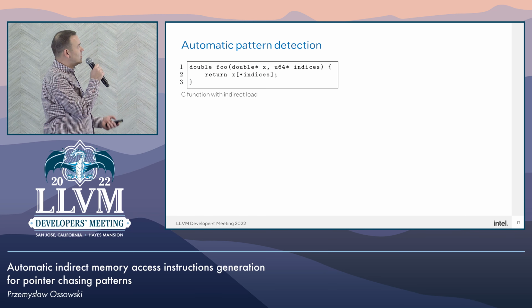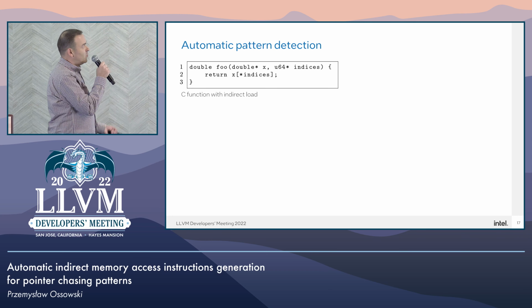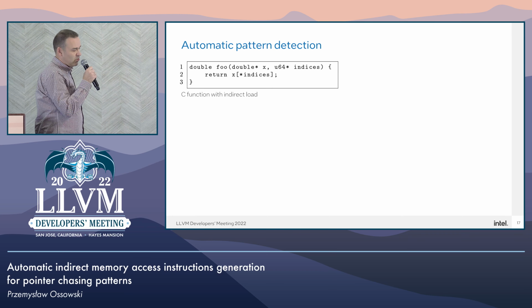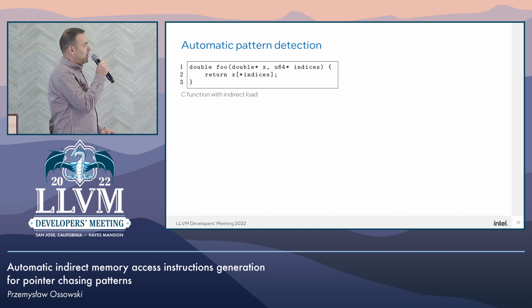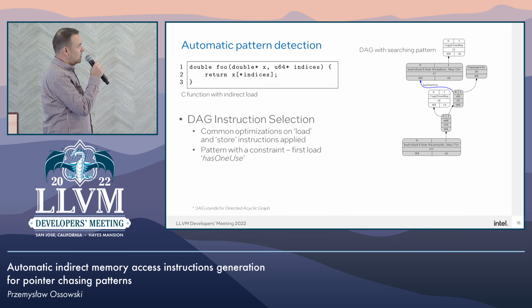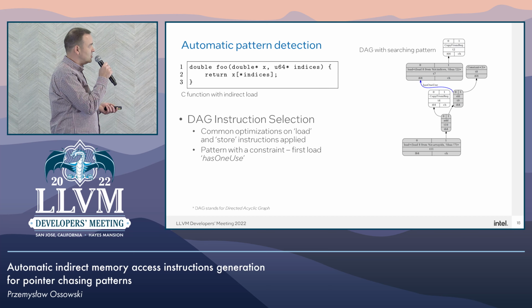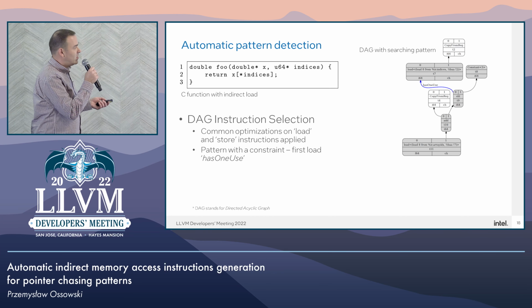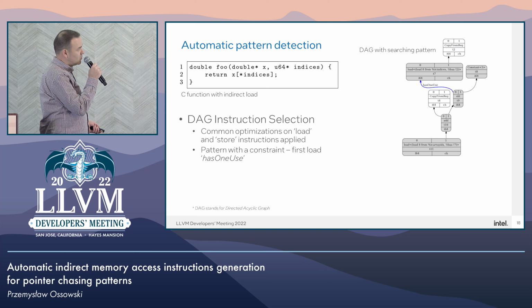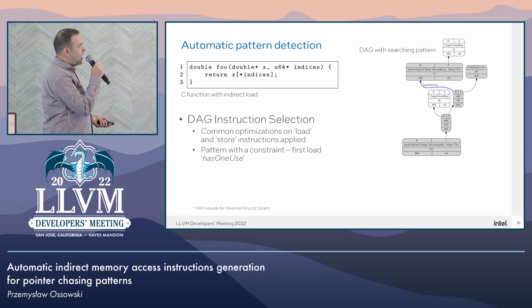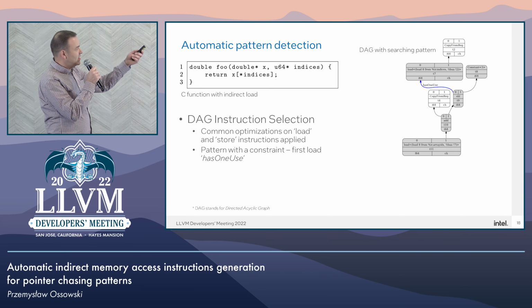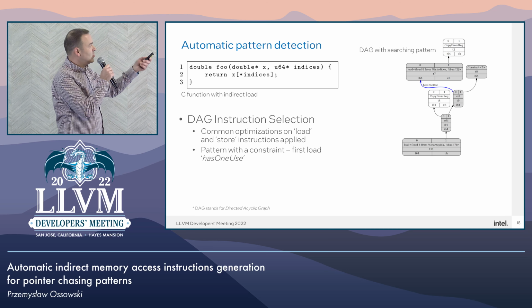All right, so a different approach is obviously automatic pattern detection during instruction selection. Thanks to doing it during instruction selection, we are already after all common optimizations on load and store instructions. We are looking for such a pattern when there is a chain of loads.